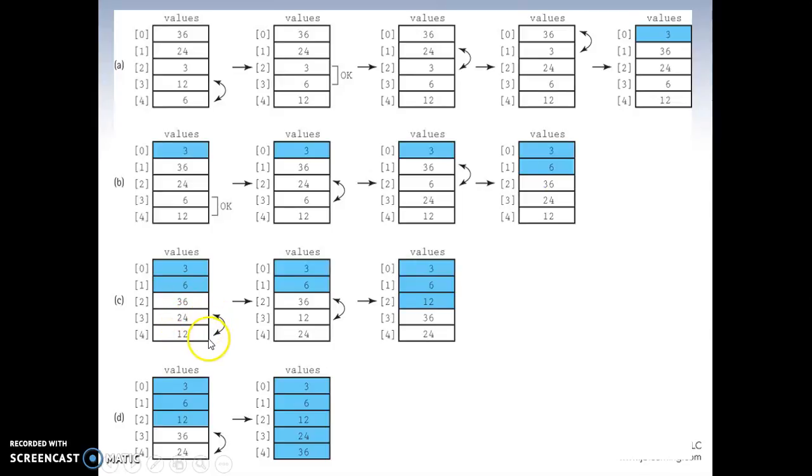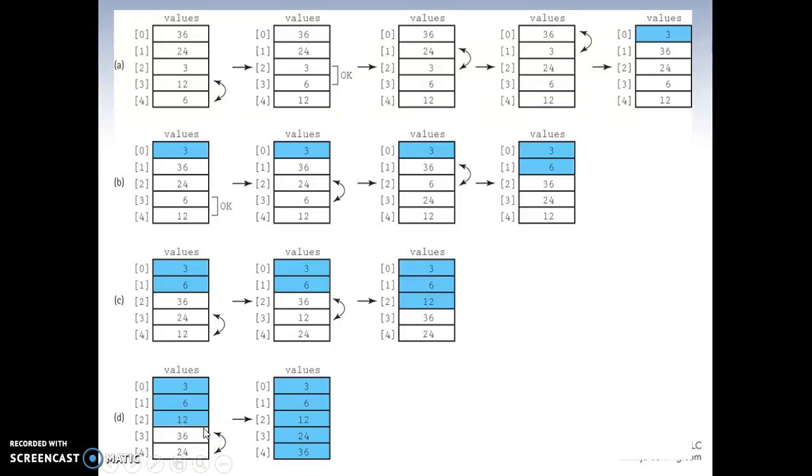So we compare 12, 24. Okay, 12 less than 24, we bubble up. And 12, 36, less than 36, bubble up. Unsorted part again, 24 and 36. Then we bubble up.